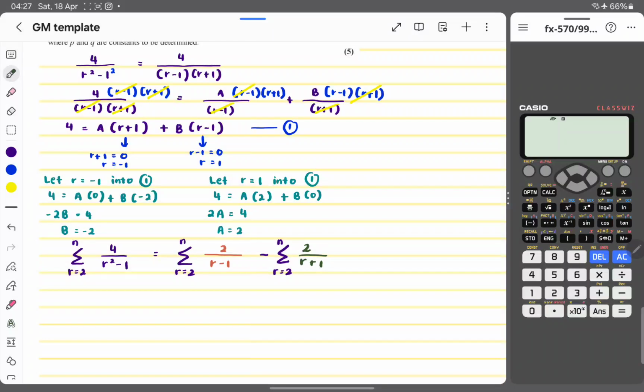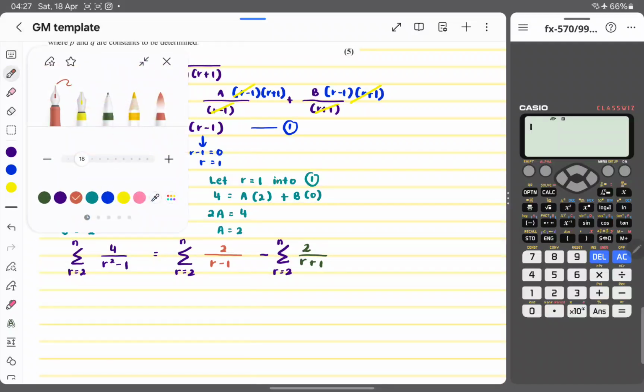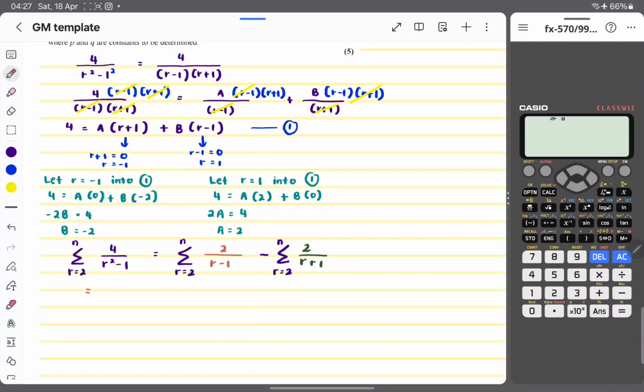Let's do the series separately. Let's expand them. Let's begin with the orange one. Let's first substitute 2. So 2 over 2 minus 1 plus 2 over 3 minus 1 plus 2 over 4 minus 1. Okay, we have 3, and then we can just put dot dot dot and the last three.